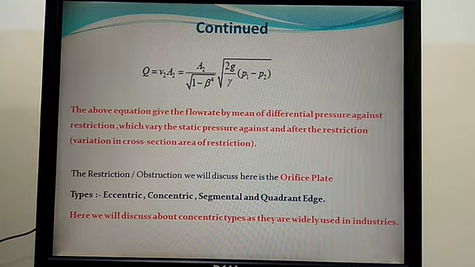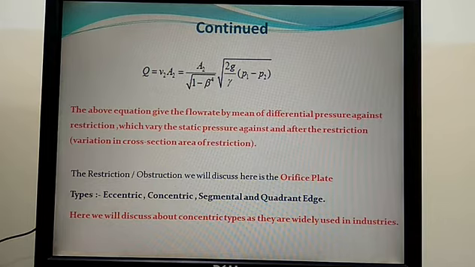So this is the discussion which you have already learned, or which you were already taught by your professor in your theory classes. Now it's time to have some practical implication of this theory. What we have learned, what we have discussed in these slides, we will see what are its practical implication.